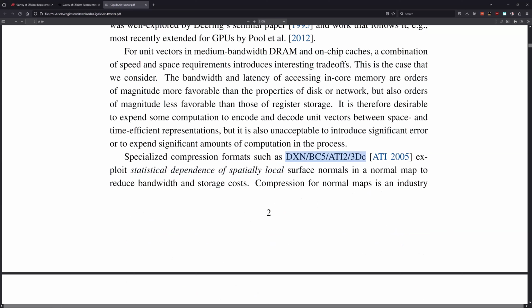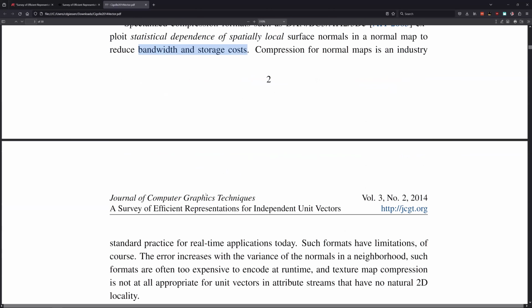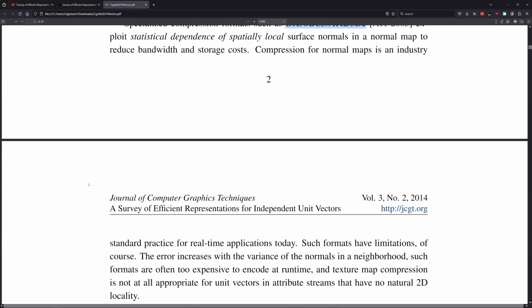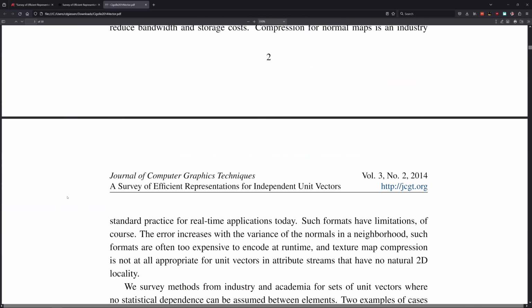So compressed textures use statistical dependence of spatially local surface normals to reduce storage needs. And if you aren't using compressed textures, just go do that right now, because that's going to be a more important thing than getting whatever formats this paper talks about.